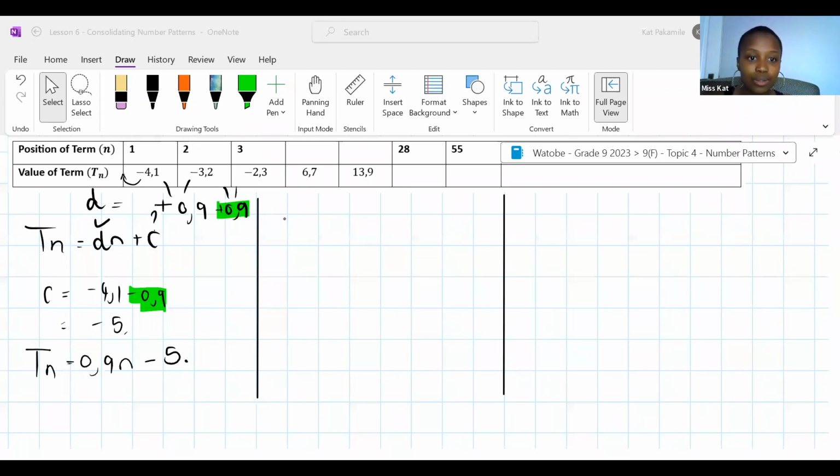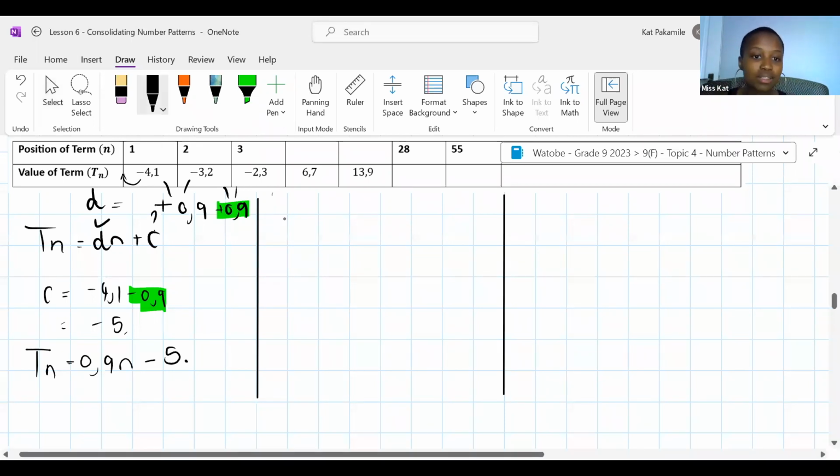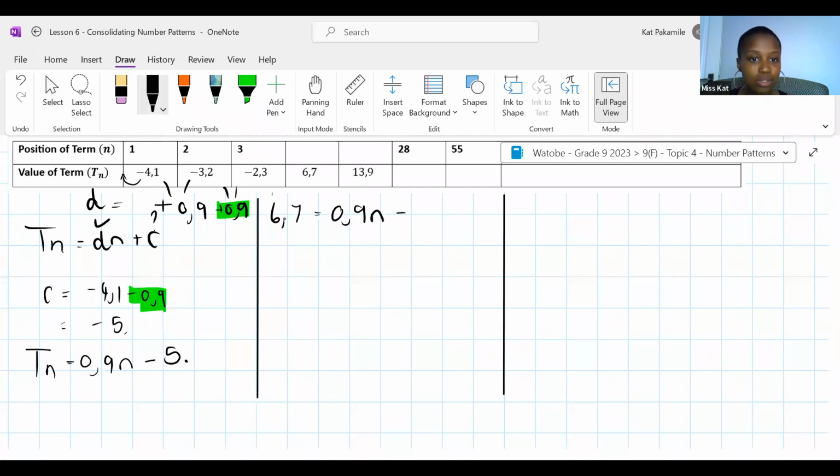So you're going to say 6.7 equals 0.9n minus 5. And then you're going to take 5 over to get rid of it. So it's going to be 6.7 plus 5. Goes over, it changes operations, equals 0.9n.